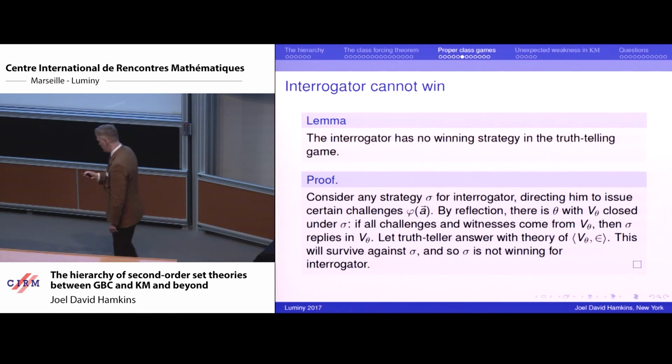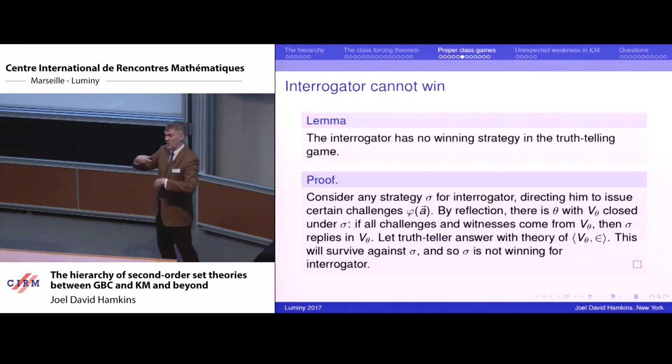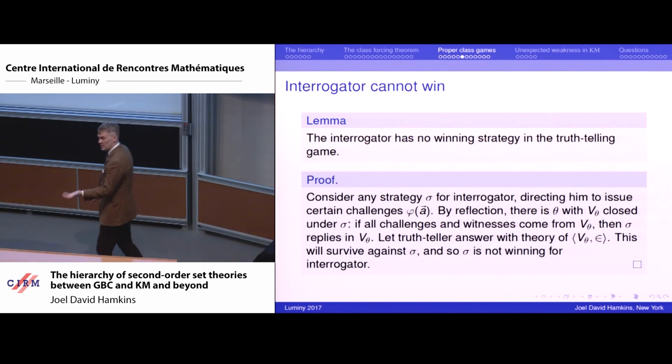So there must be some theta which is closed under the strategy, in the sense that no matter which answers or witnesses are provided, they always will stay inside V_theta. But in that case, we can have the truth teller answer with the truth predicate of V_theta. This is a set structure, therefore in ZFC it has a truth predicate, and the truth teller can just answer, instead of about truth in V, about truth in this V_theta, which is this set structure.